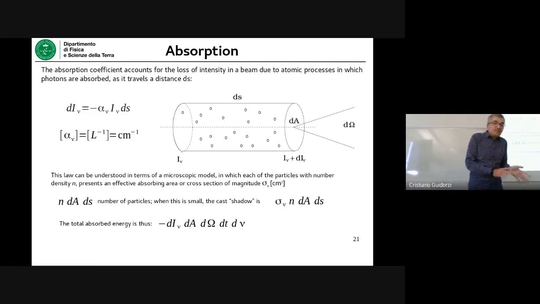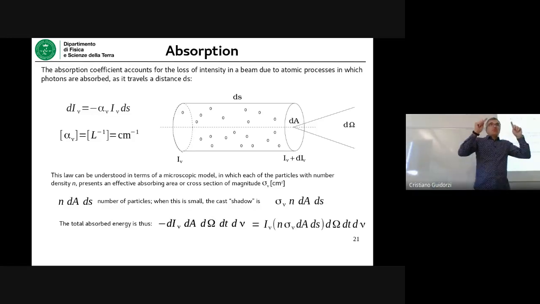On one side, we have, as we did before, the same quantity, but in this case we have this minus sign because we know that dI is negative, and we want something positive. So minus dI dA d omega dt d nu is the total amount of energy which gets lost, gets absorbed.